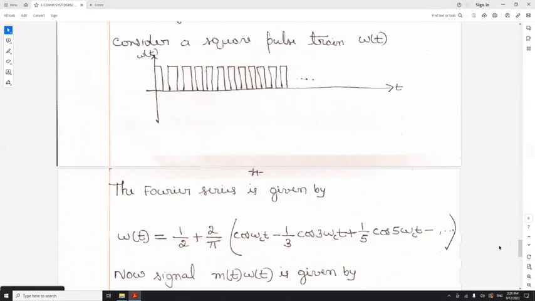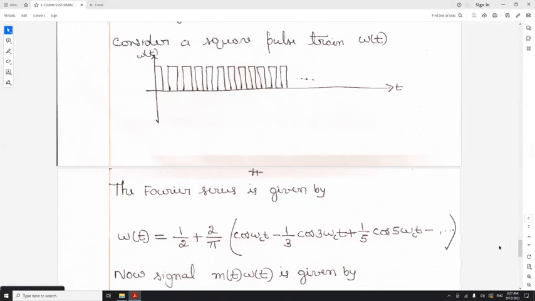We have proved that multiplying a periodic wave with the frequency omega c to the message signal will get you the double sideband suppressed carrier wave. We have proved it mathematically, right?